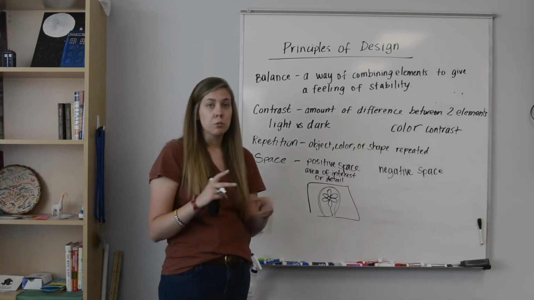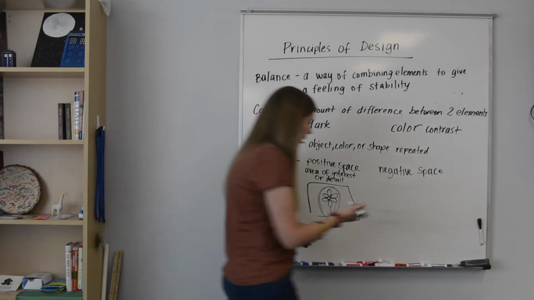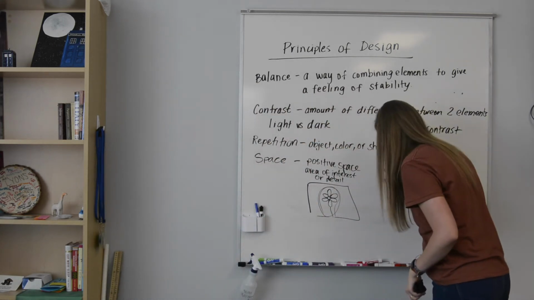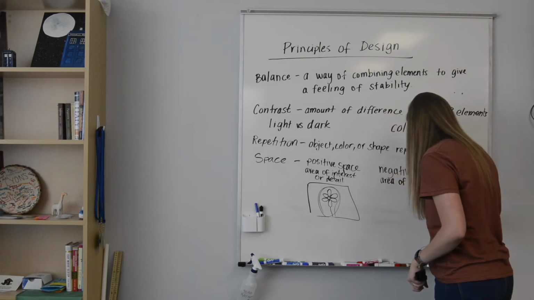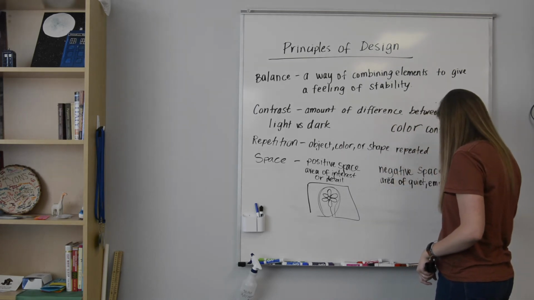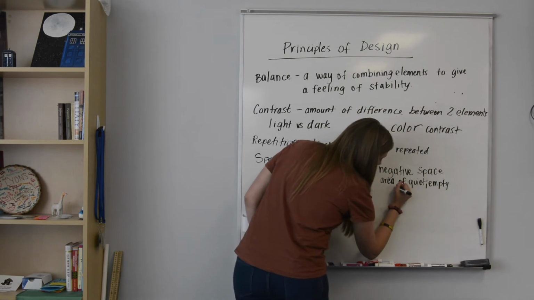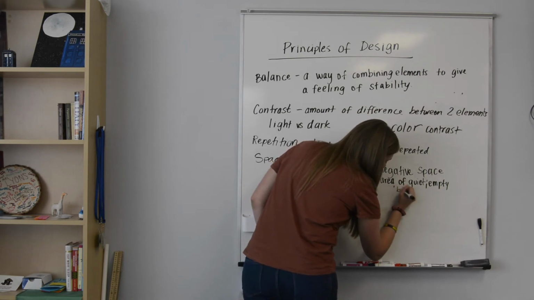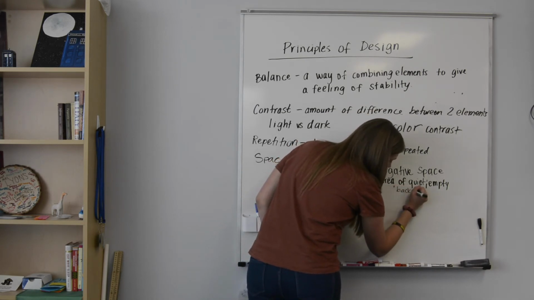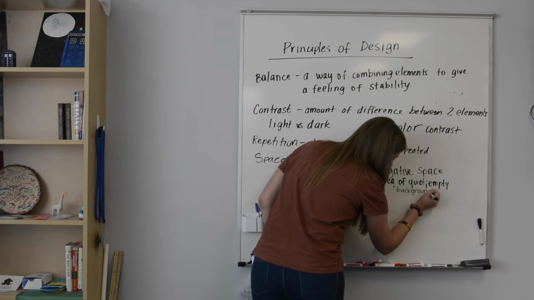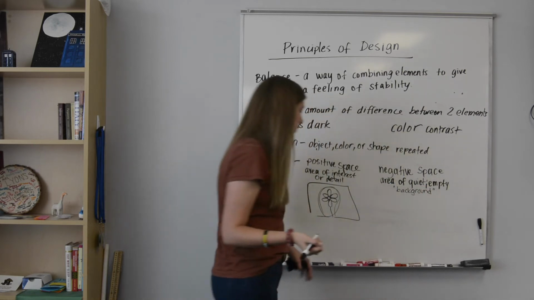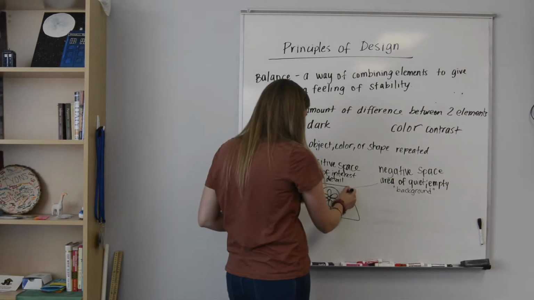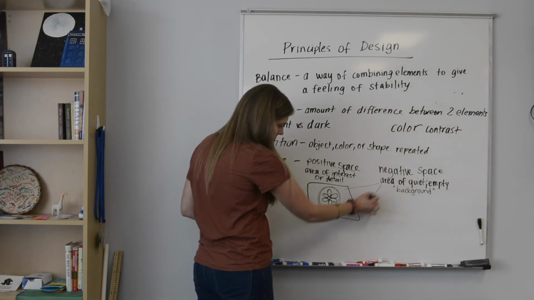Generally speaking, it's what we would consider the background. Okay? So, area of quiet, empty. It's also the background, or it's often the background. Okay, so here would be all this white space.